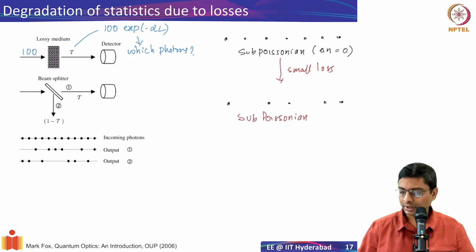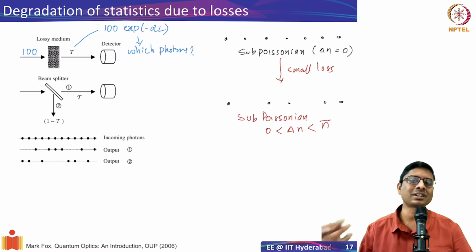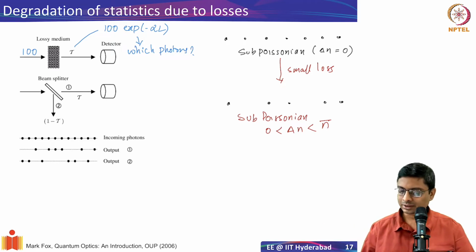But now your fluctuations delta n are not going to be 0, but something slightly greater than 0. For small losses, it is still less than the average photon number, between 0 and the average photon number, so it will still be Sub-Poissonian statistics. But what happens if you have a large amount of loss?